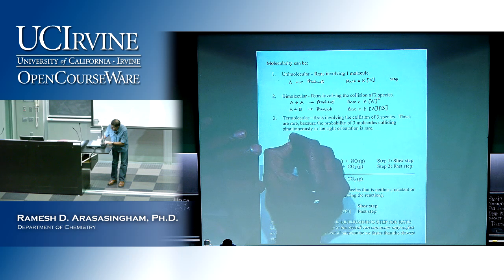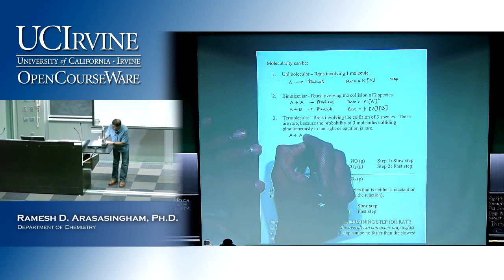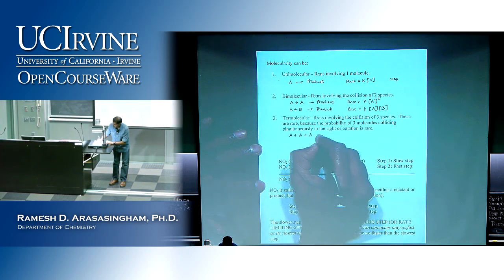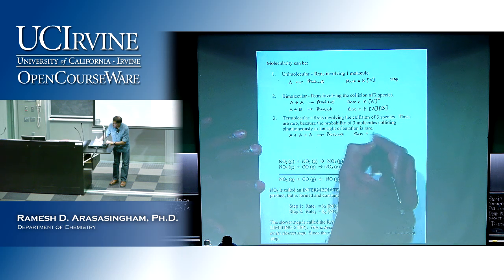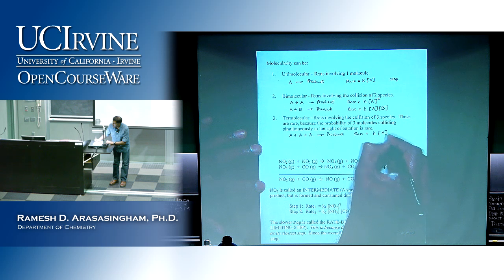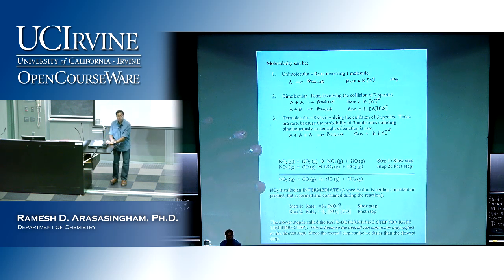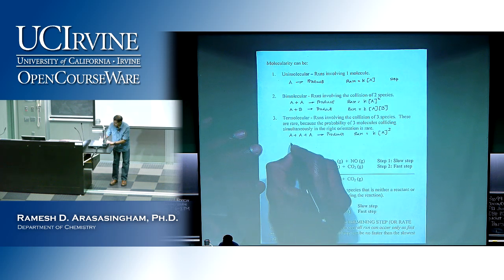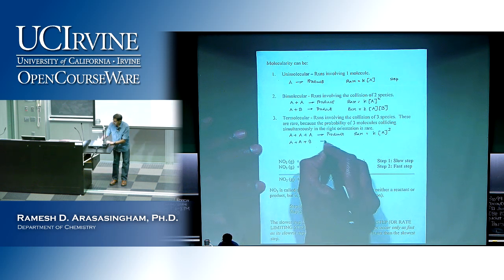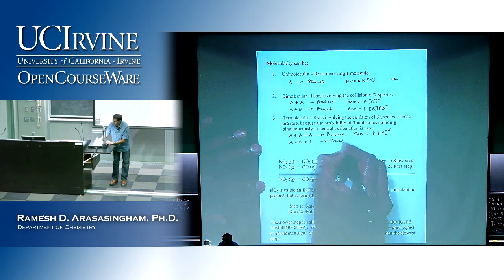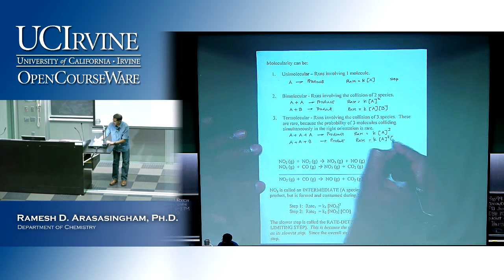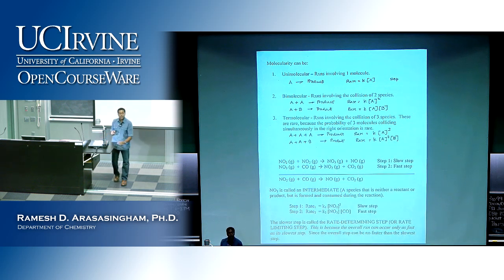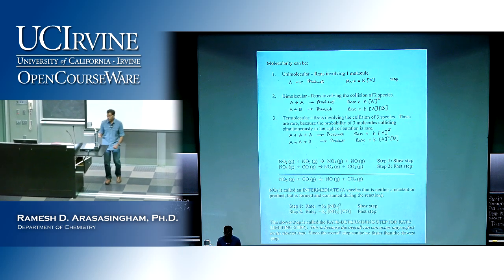But if you did have termolecular reactions, then what you have is three molecules colliding, giving you products. And that would be rate constant times A to the power 3, because you have three molecules colliding. Or you can have two species. So if you have A plus B giving you products, then rate would be K times A squared B, second order in A and first order in B. Overall, it's third order.